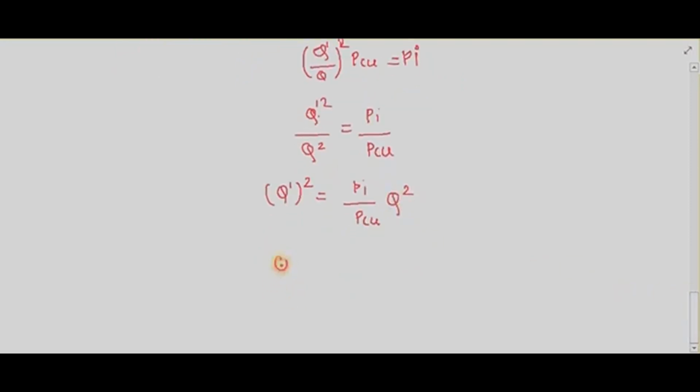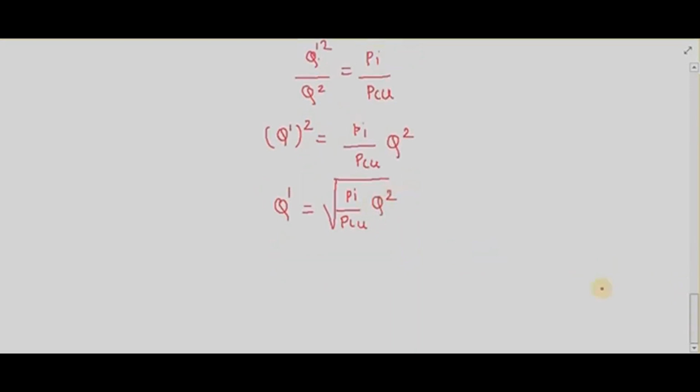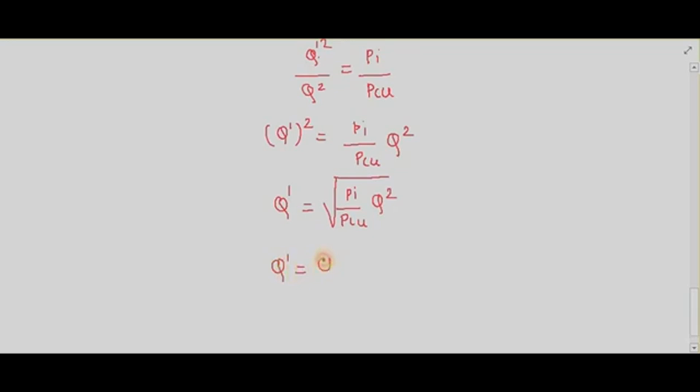So what is Q dash? kVA corresponding to the maximum efficiency equals to under root of Pi upon PCU into Q square. So I can write kVA corresponding to maximum efficiency equals to full load kVA into under root of Pi upon full load copper loss, because I have considered PCU as the full load copper loss.